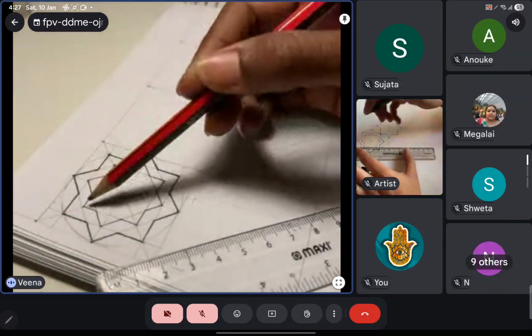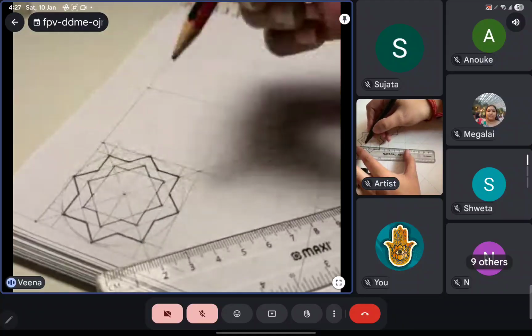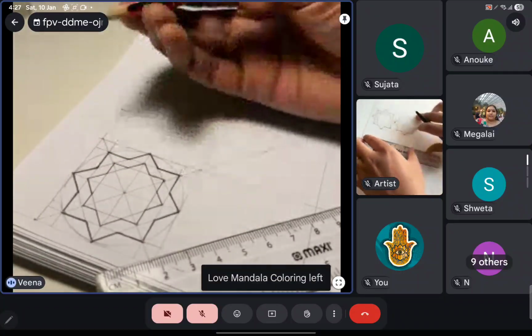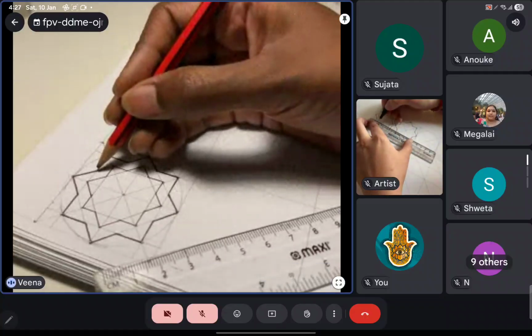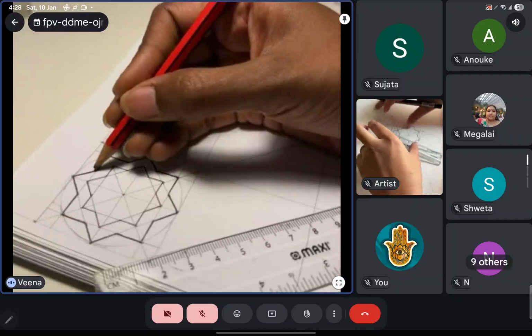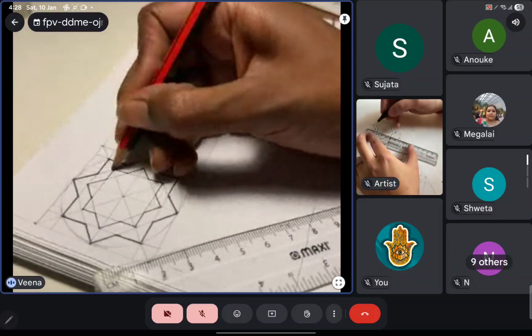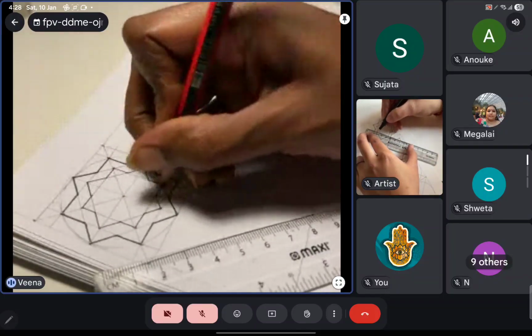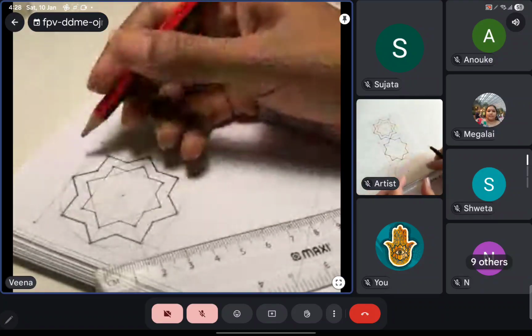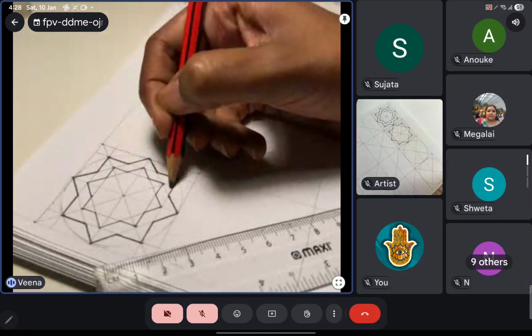But now we're skipping the circle part and we are just taking the measurements or the points directly. So we have this square over here, right? This diagonal square. So we're marking the 4 points like this. And then just join them.